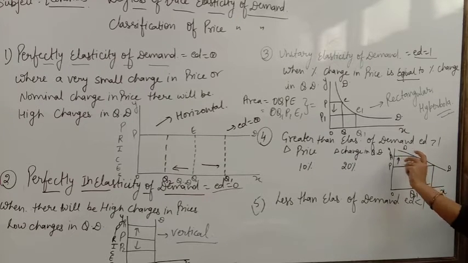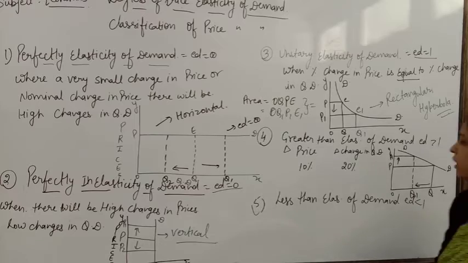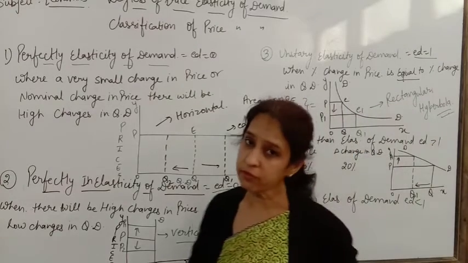The price changes lower but quantity demanded changes higher. So this kind of elasticity is known as higher elasticity of demand. ED is greater than 1, or we can say greater price elasticity of demand.